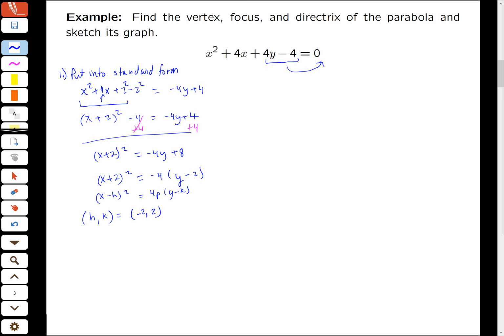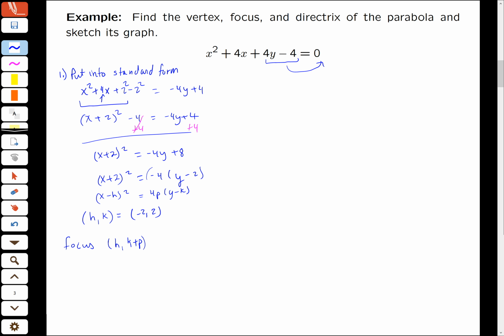Now looking at your formulas here, is this a horizontally opening parabola or vertically opening? Vertical opening. So how do I find the focus using their formula? It's going to be h, k plus p, right? So I have to identify p.